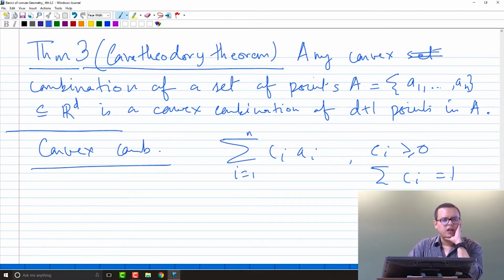What this theorem is telling you is, maybe you have generated the point by taking a convex combination of many points, but there is a representation such that if I have only taken properly selected d plus 1 points from your set, their convex combination would have given this point.